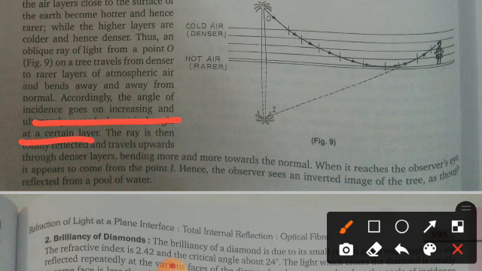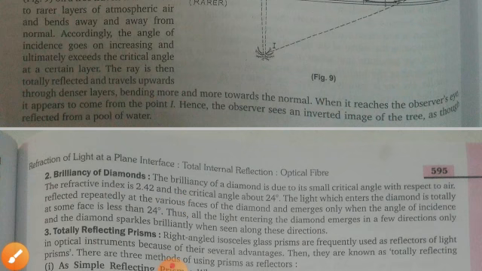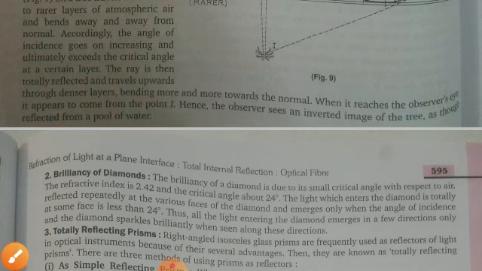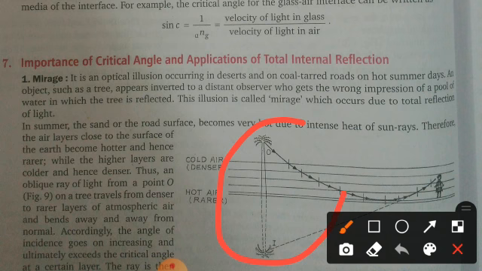The ray is then totally reflected and travels upward. Bending more and more towards the normal in the denser layers, when it reaches the observer's eyes it appears to come from point I. Hence, the observer sees an inverted image of the tree as though reflected from a pool of water. You can see here the reflected image of the tree.